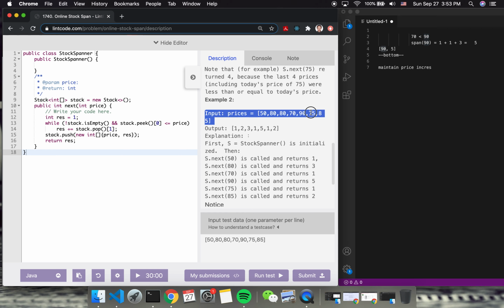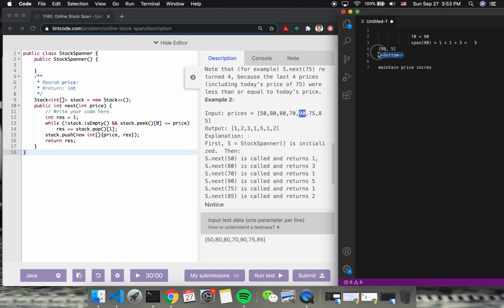And then we continue to 75. And okay, 75 is smaller than 90, and since this stack's price can only be increasing, if there are elements further down in the stack, this can only be bigger than 90, so that is not what we are looking for.